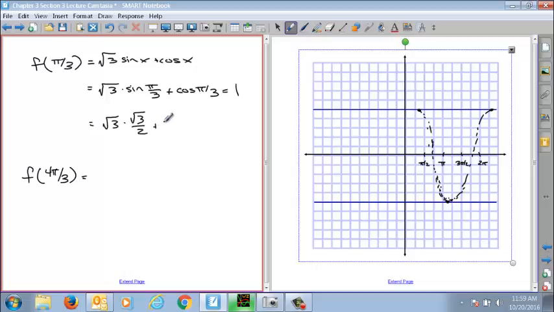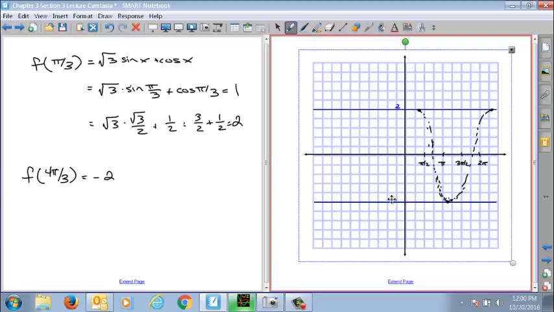The cosine of pi over 3 is equal to 1/2. So here you get square root of 3 times the square root of 3 over 2, which is 3 halves, plus 1/2, which is equal to 2. And you can do the same thing there. You get negative 2. So I don't have to redraw this whole thing. This is going to be 2. This is going to be negative 2. And now it matches up pretty closely.